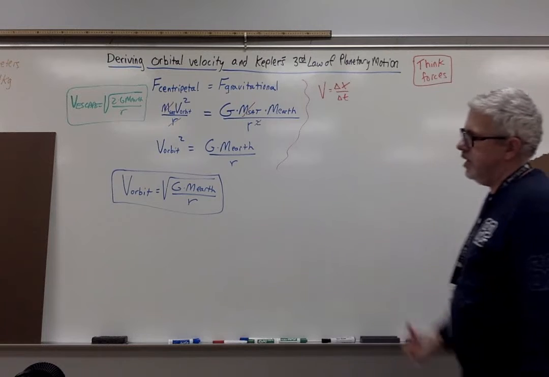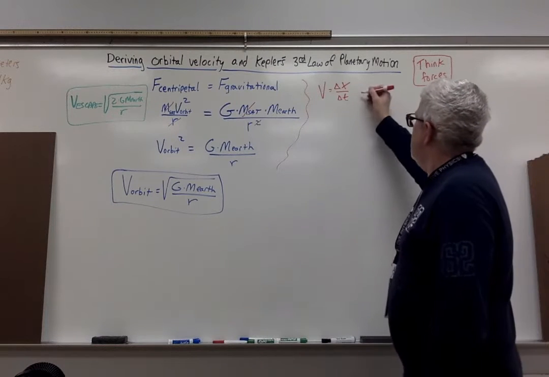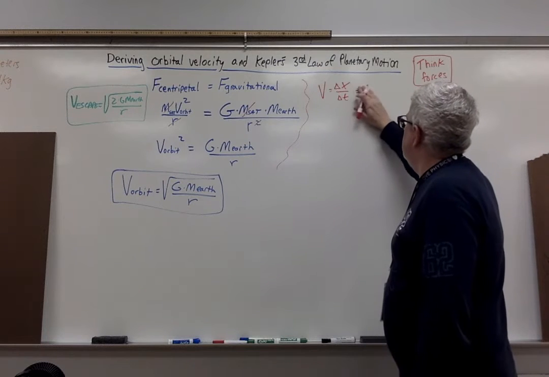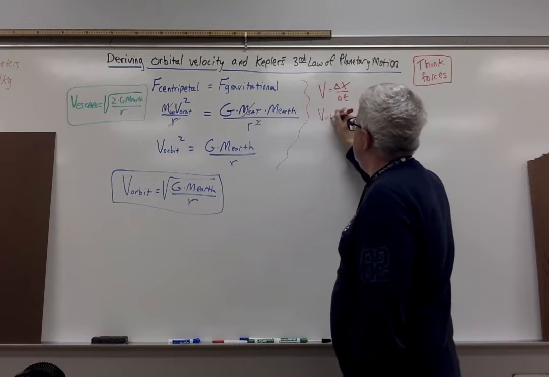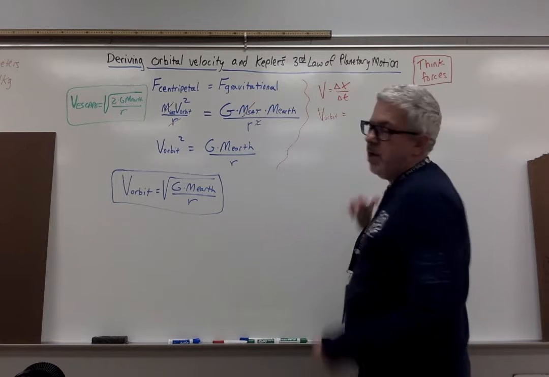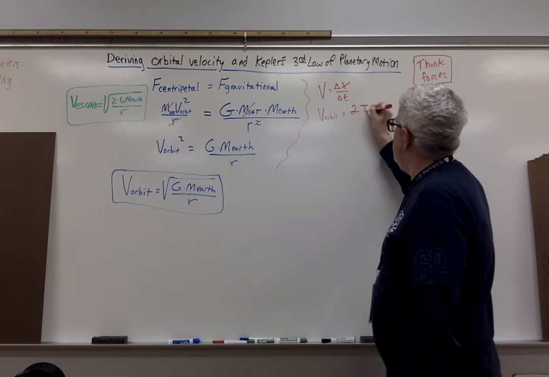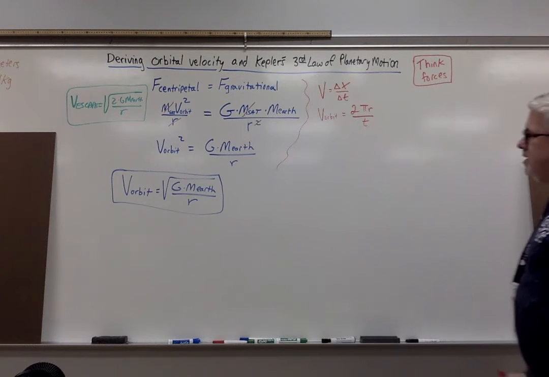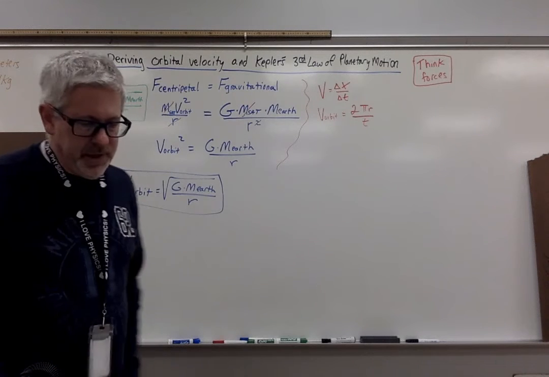And I'll leave the deltas out. It should be dx dt, I guess, since we're in calculus-based physics. Well, what is that around a circular object? The orbit would be the circumference, which is 2 pi r over that time interval. That's t. So that's another way of thinking about that.